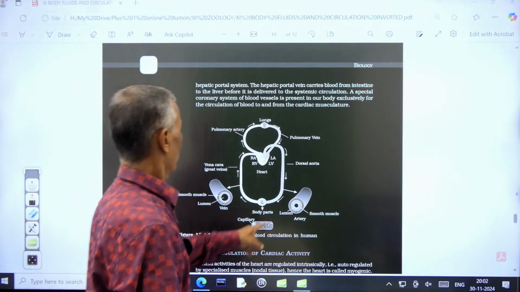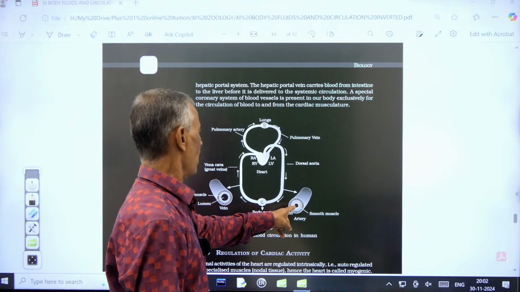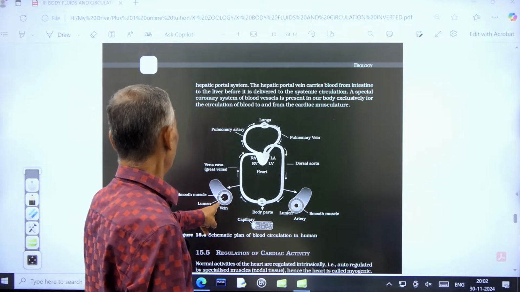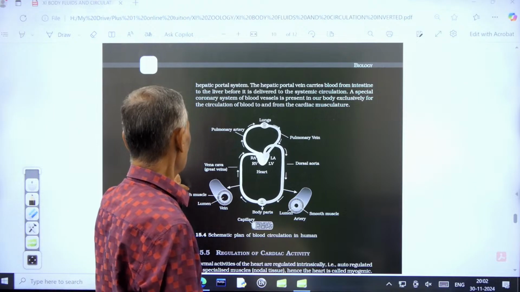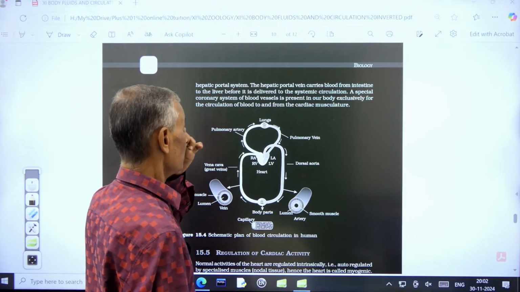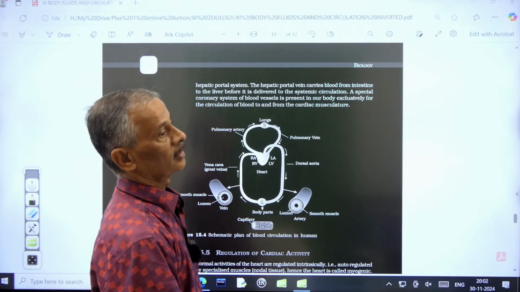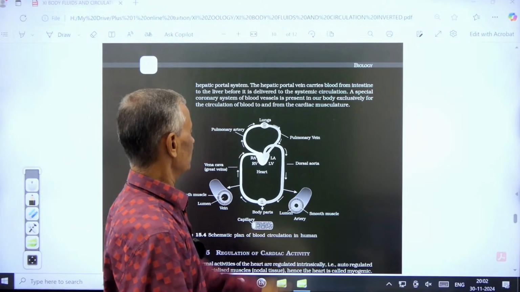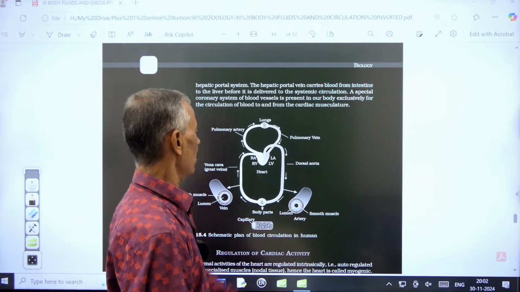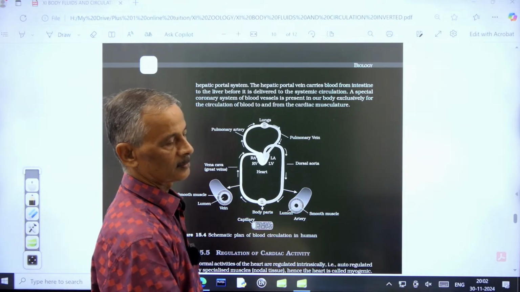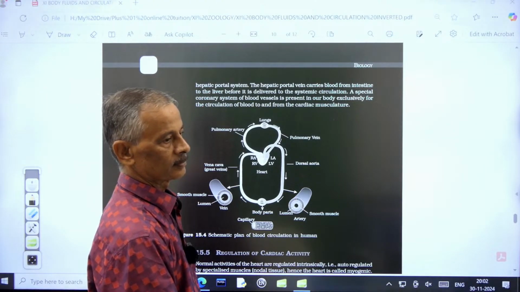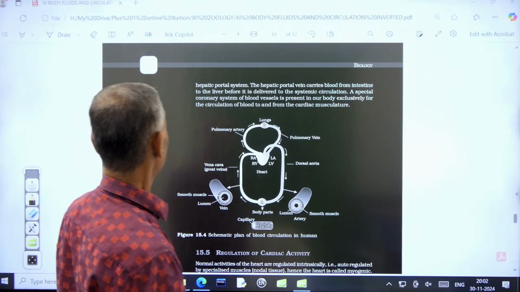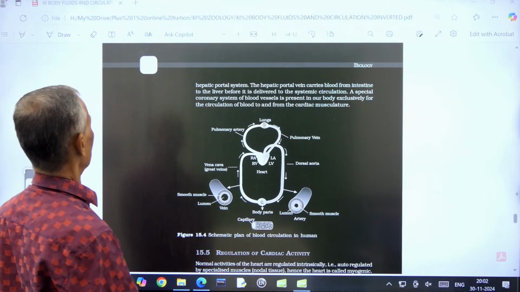So, an artery has a small lumen. A vein has a very large lumen because the musculature is very thin, whereas in an artery, muscles are very thick. Any doubt up to this level?